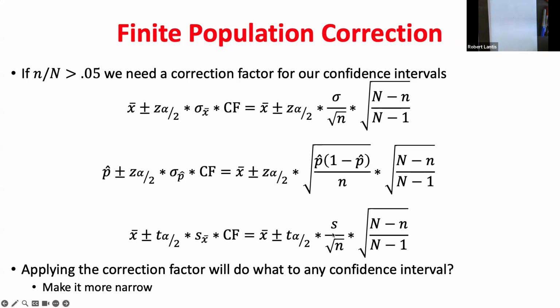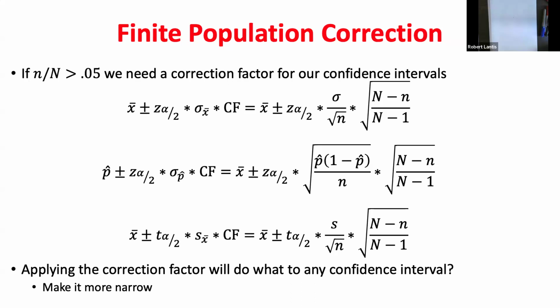It's just that when you look at that standard deviation, it gets multiplied by this correction factor. We said this correction factor, the square root of (N minus n) over (N minus 1), will always be something less than 1. So when I apply the correction factor, this will actually make my confidence intervals a little more narrow, which is good in the sense that I'm able to narrow down to a smaller number of values that the true population mean or proportion could be.